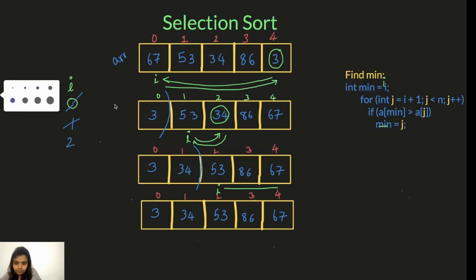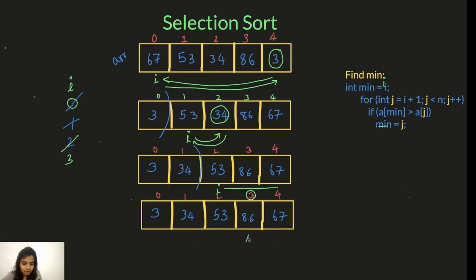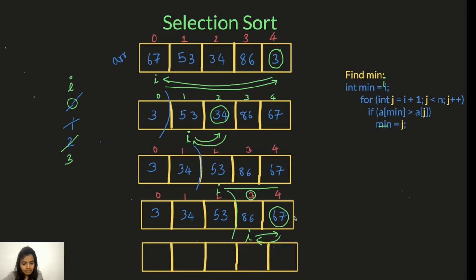So I will become 3. So now here is 3 and here's our I. This part of the array is already sorted. All we have to do is find the minimum in this part of the array. 67 is the smallest and I is 86. So we just have to swap these two values. Okay, we swap 86 and 67, right?